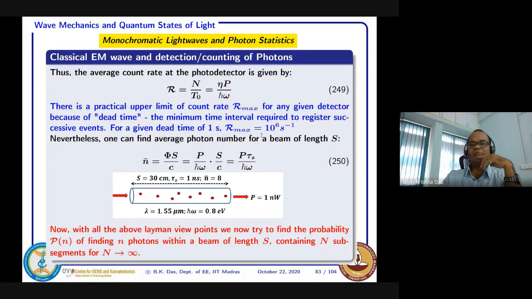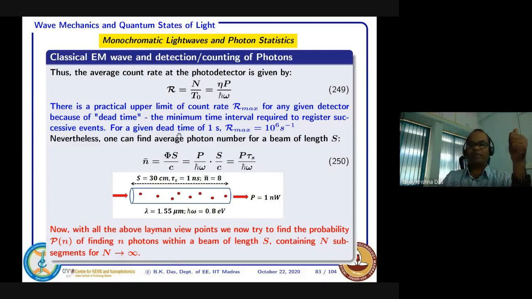What is the maximum limit it can register? That is the rating of the photodetector, I would say. If the dead time is 1 microsecond, the maximum photon count it can register is 1 per microsecond. So in 1 second, how many? 10 to the power 6. That means per second it can detect 1 million photons, 10 to the power 6.